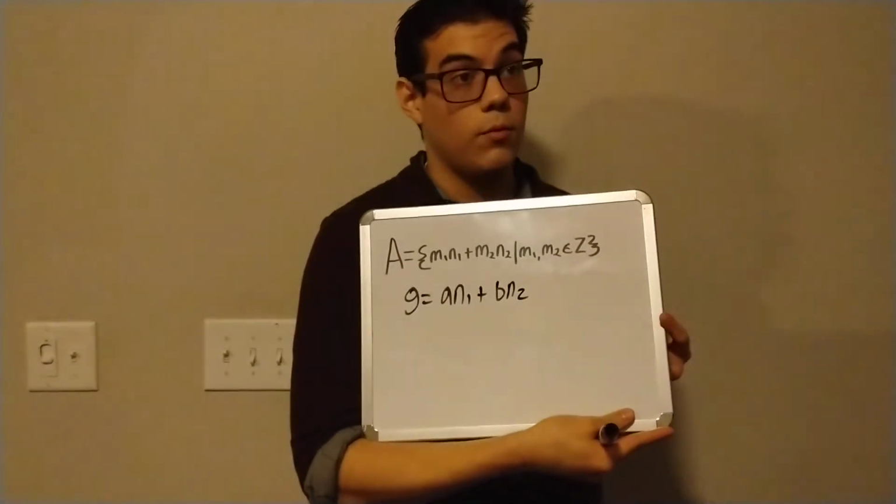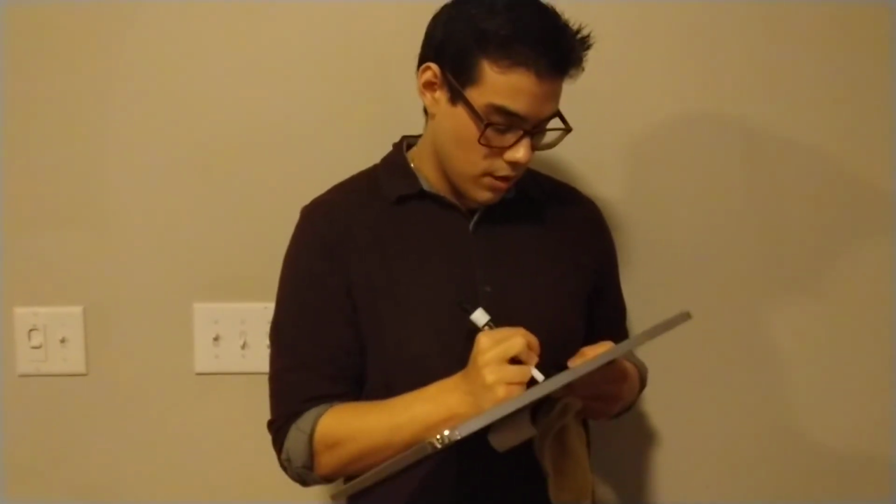We've already established that g is just a linear combination of n1 and n2. It's just an a times n1 plus a b times n2. As such, by the definition, the GCD of n1 and n2 divides g.